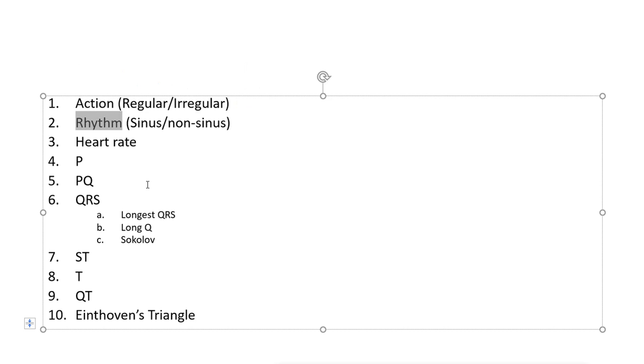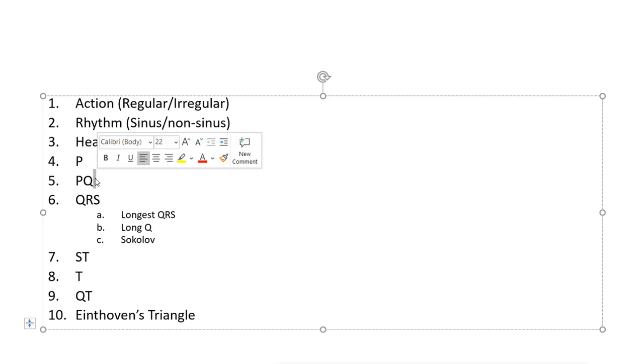This is where you say it's sinus or non-sinus. This is heart rate, of course. In this point, you describe that it is flutter or fibrillation, and you write what the rate is. Is it 280, 300? Is it actually 500, so it's fibrillation? You describe it in this point.